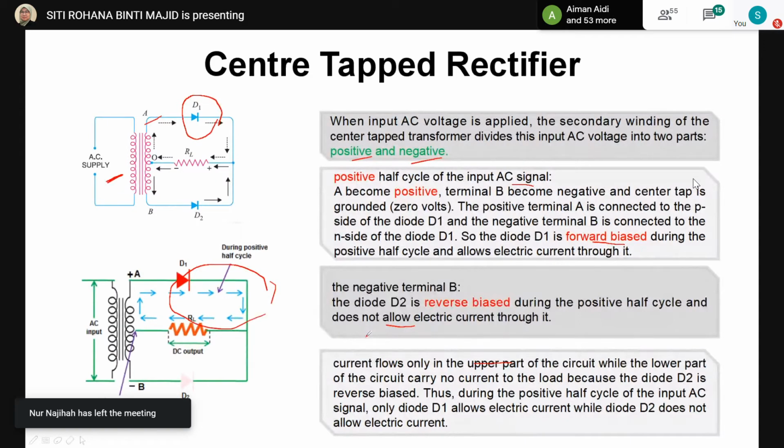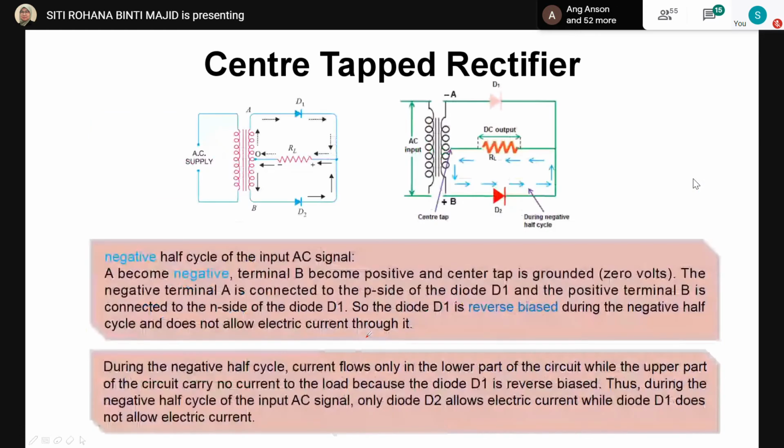Therefore, during the first half cycle of the AC input signal, only D1 works and allows the current to flow in the circuit.